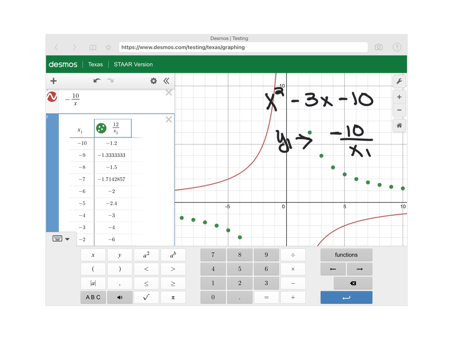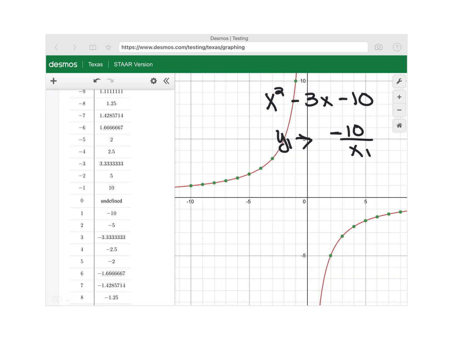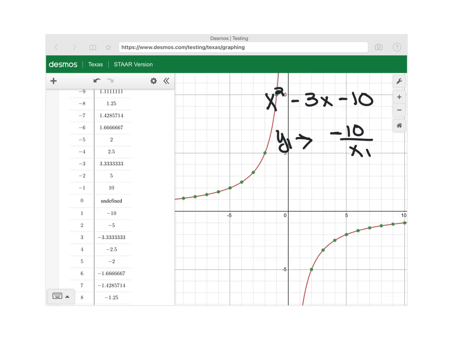So where I have the 12 over x sub 1, all I need to do is click where that 12 is, and I need to change that to the number negative 10 on top. And when I do that, it's going to give me a new set of ordered pairs. I want to know what set of ordered pairs, when I add them together, is going to equal that middle number, which is negative 3.